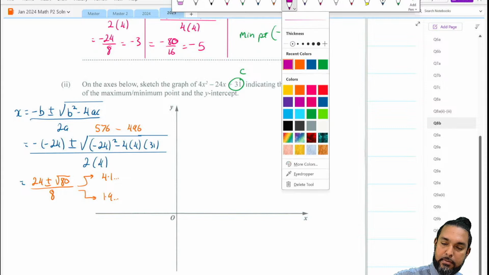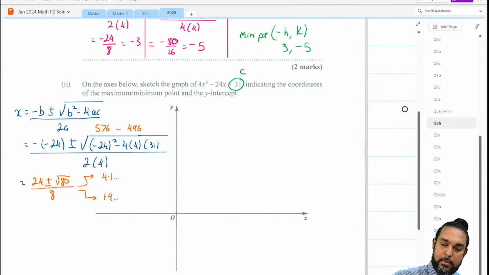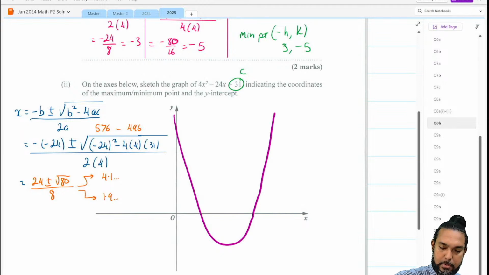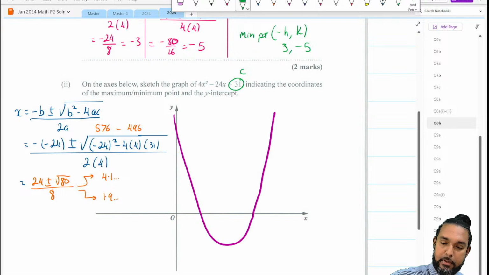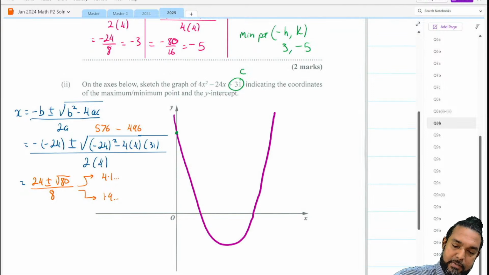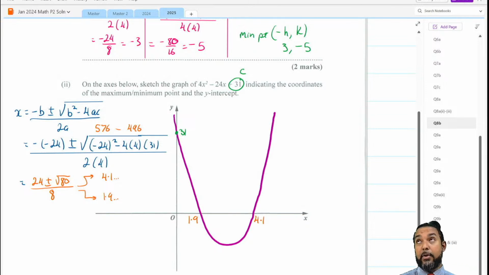Right, so the curve is not terribly smooth, but the y-intercept is 31. The smaller of the two roots is 1.9, the larger is 4.1. 1.9 plus 4.1 is 6, and 6 divided by 2 is 3, and that's the equation of the axis of symmetry, right?